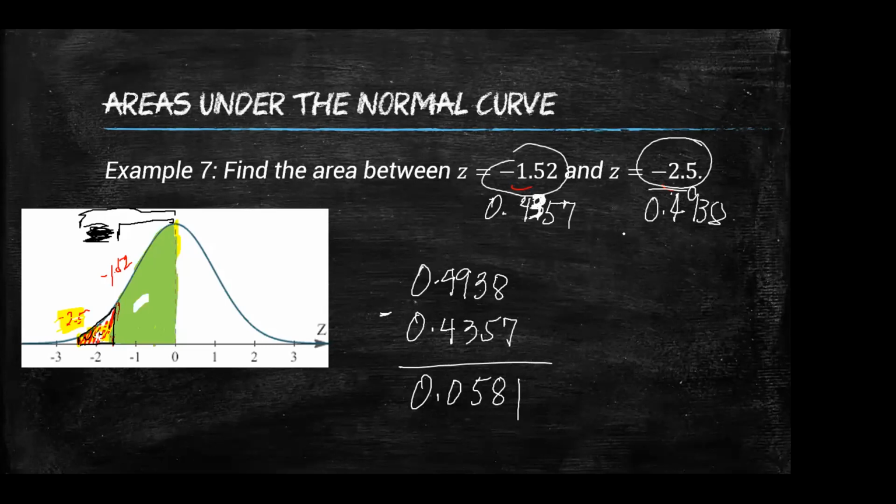Parehong negative yan siya. Kapag parehong negative class and yung z-scores niya is hindi hinanap to the right, hindi rin to the left, between siya, tapos yung isa doon ay hindi 0, ima-minus natin yung dalawa sa isa't isa. Okay? So, yun po.